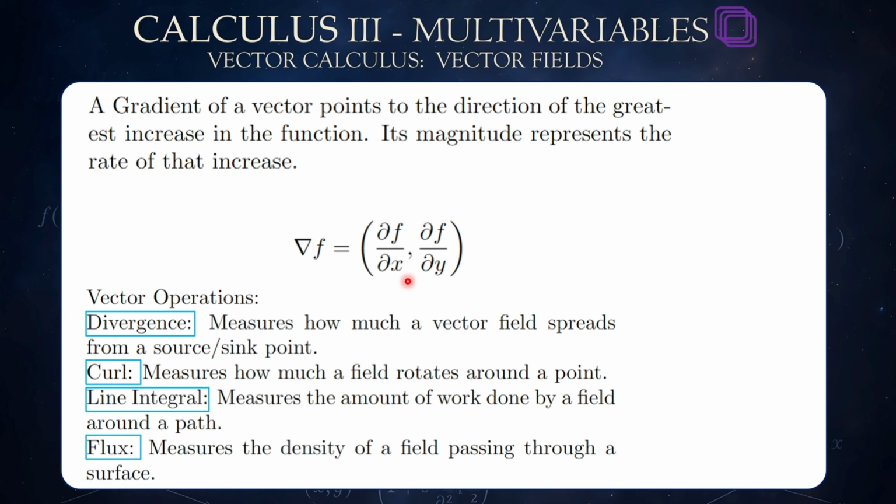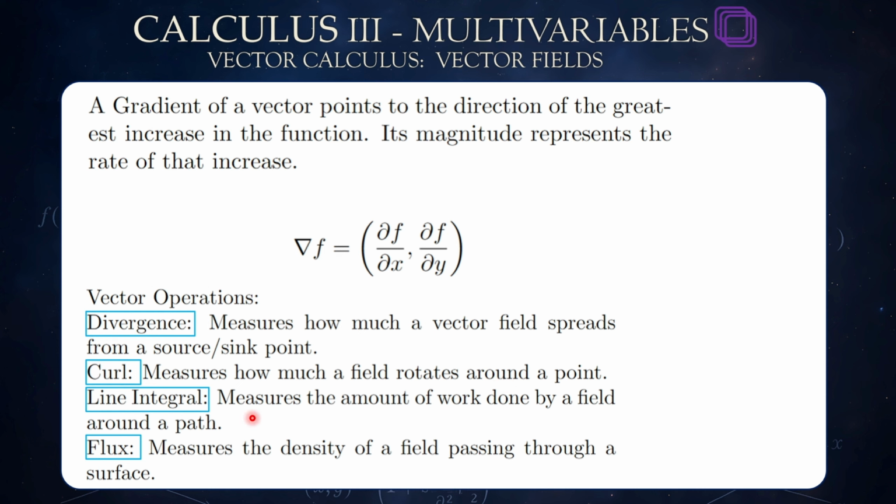What are the different types of operations for vectors? Vector operations are divergence, which measures how much a vector field spreads from a source or sink point. Curl, which measures how much a field rotates around a point. Another word for that is the rotational of a vector.